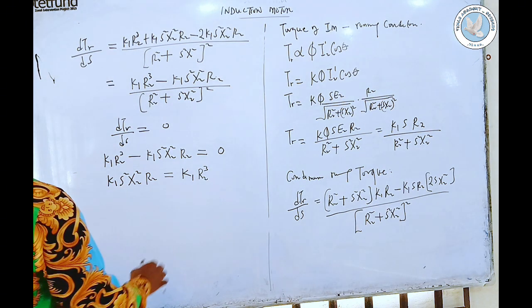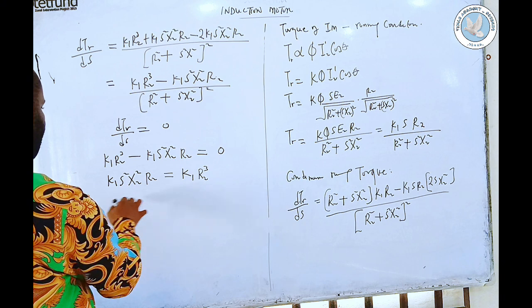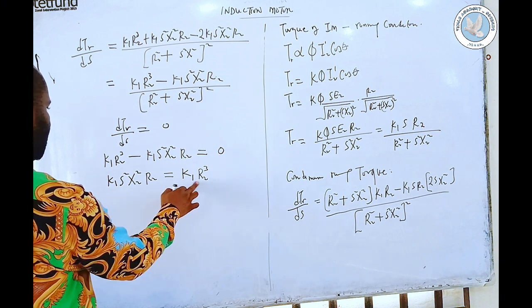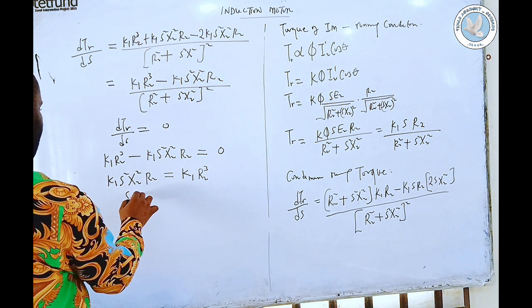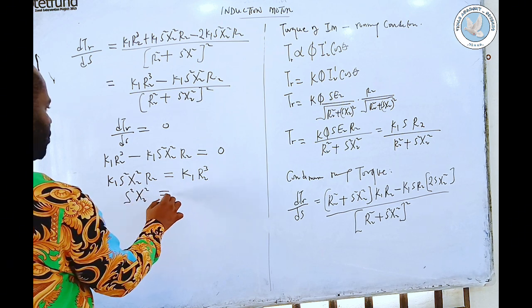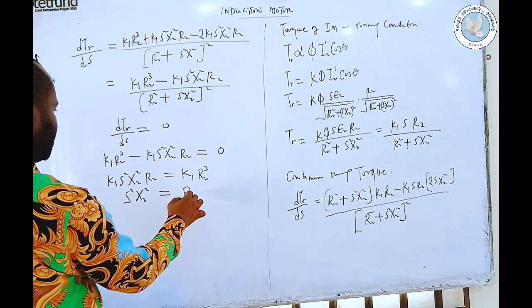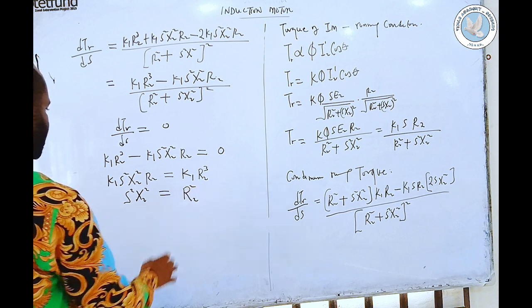So we can factorize out this. So this will cancel out and this will cancel. We're having this squared equals to this squared.